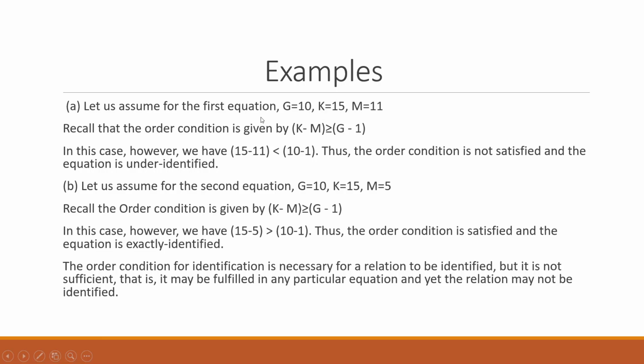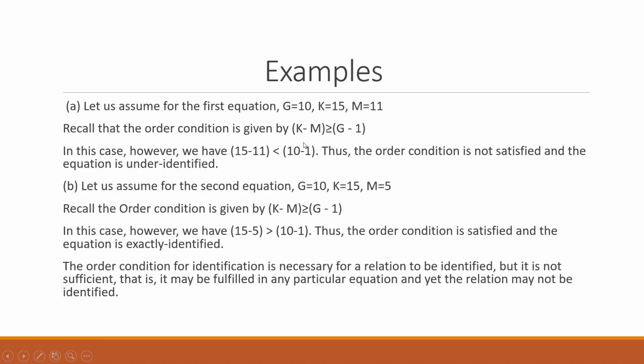Let us assume for the first equation that G is equal to 10, K is equal to 15, M is equal to 11. G is 10, so 10 equations are there. K is the total number of variables in the model, 15. And M is the number of variables in a particular equation, so in 10 equations there are a total of 15 variables, and in a particular equation only 11 are present.